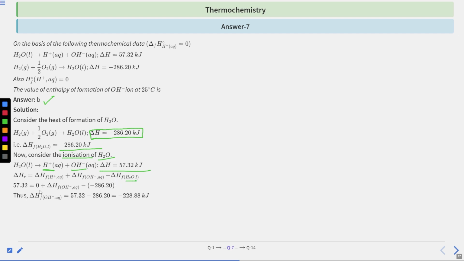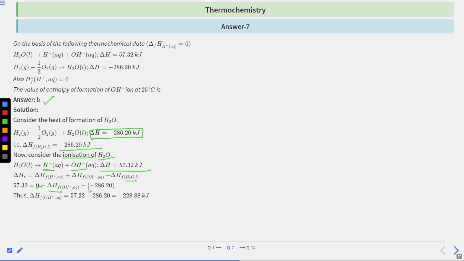On putting the values given in the question, del H of reaction is 57.32, del H of formation of H plus is basically 0, del H of OH minus we have to find out, and minus del H of formation of H2O, which is given as minus 286.20, so it comes in brackets.